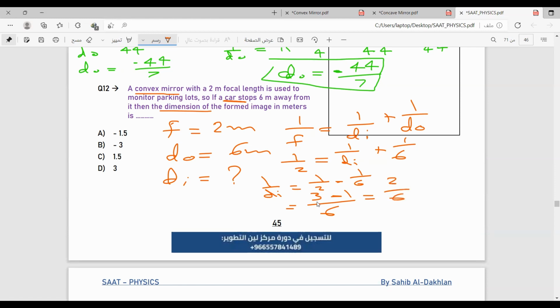So 1 over di is 1 over 3, but we want di, so di equals 3. And since it's imaginary, it will be negative. So it's B. Where do we get this negative from? From the convex mirror, because it gives us an imaginary image.